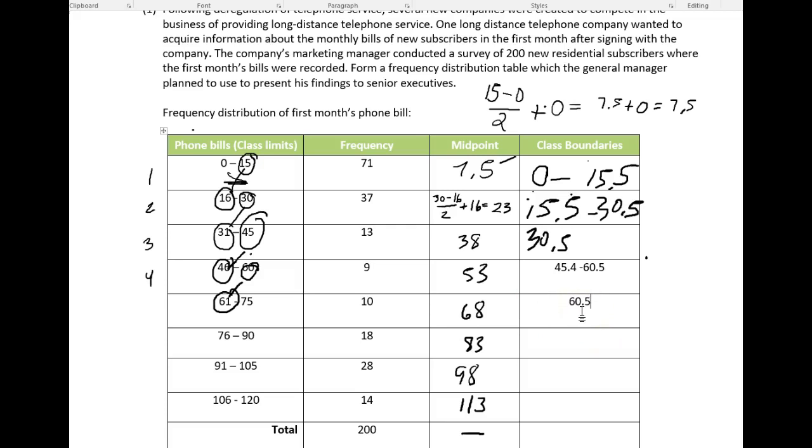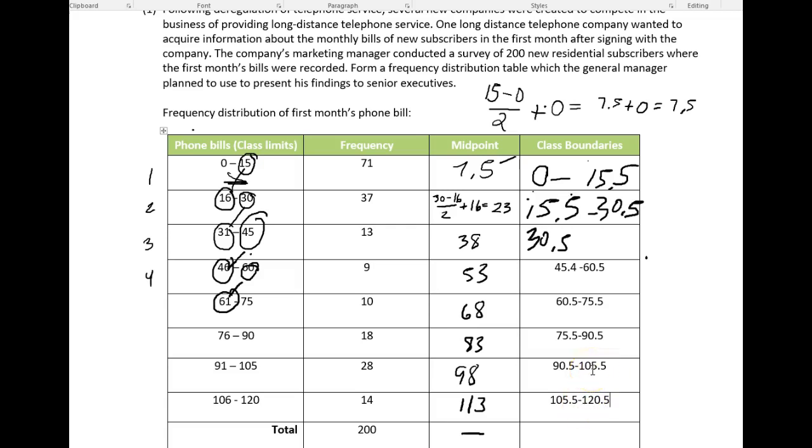This would be 60.5 to 75.5. This would be 75.5 to 90.5. This would be 90.5 to 105.5. And then lastly, 105.5 to 120.5.